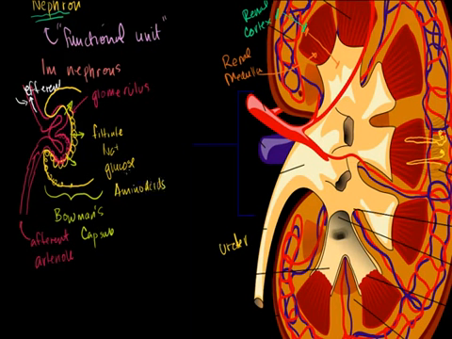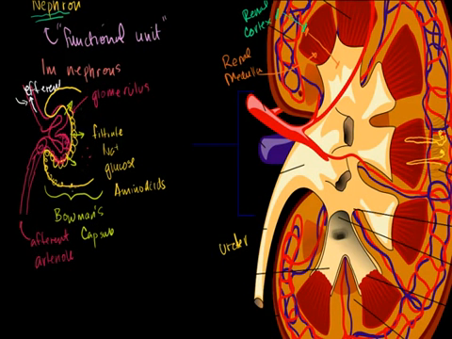There's tons of stuff in here, but this is just to give an idea. The things that do not get filtered are things like red blood cells, or larger molecules, larger proteins. They will not get filtered. It's mainly the small molecules that get filtered and become part of this filtrate that shows up here in the Bowman's space.